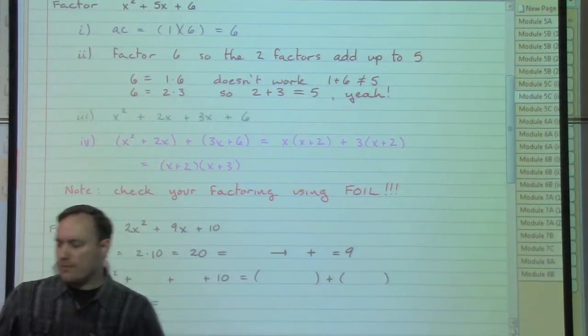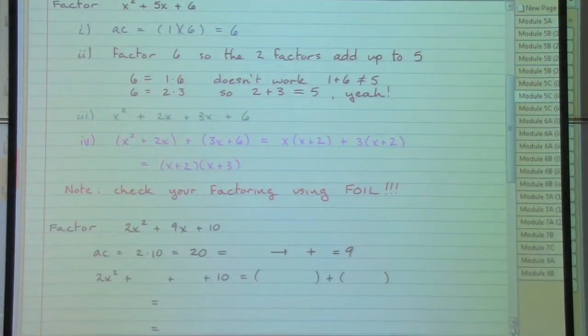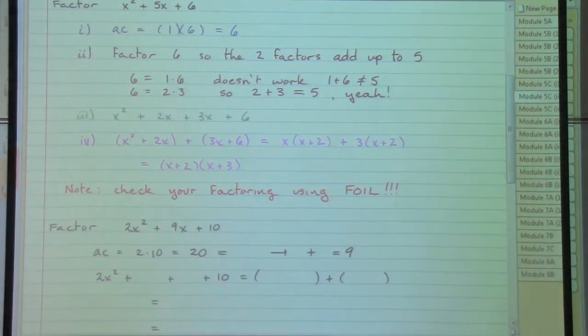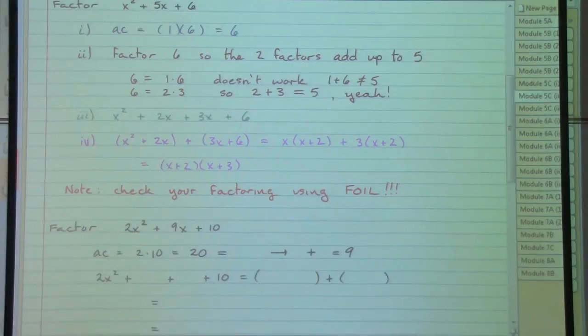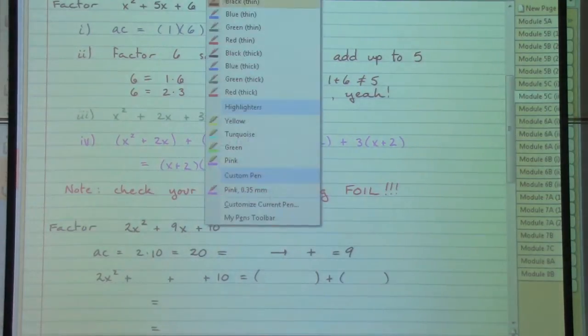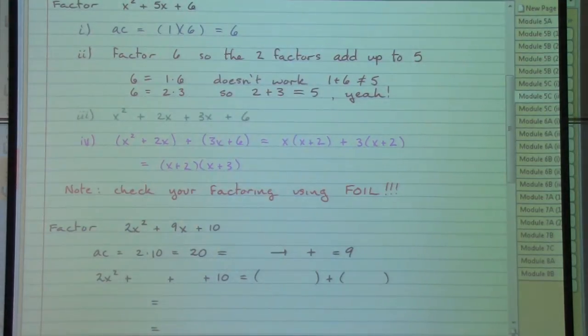Well, we can consider the possibilities, and in fact, just to jot things down off to the side, we can consider the possibilities starting with the no-duh versions, the 1 and 20. 1 plus 20 does not give me 9.